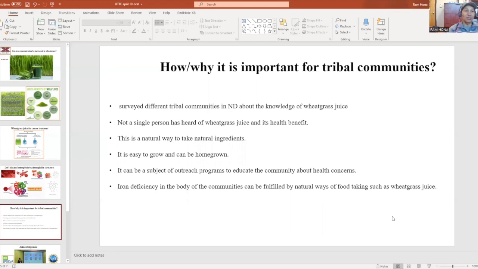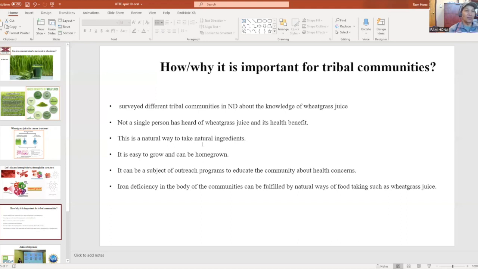So it is the most important part here for tribal communities that they should know about the health benefits of natural products like wheatgrass or any other plants.